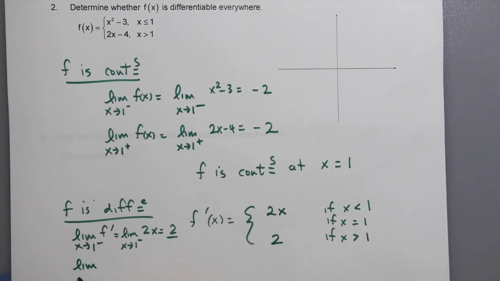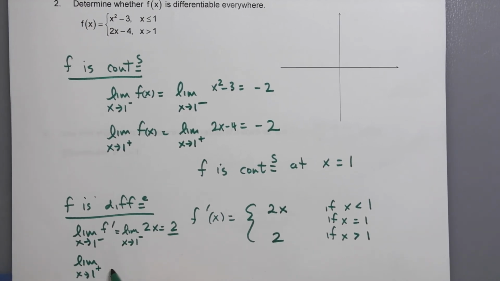If we do the limit as x approaches 1 from the right, we have the limit as x approaches 1 plus of just the number 2, which is also 2.